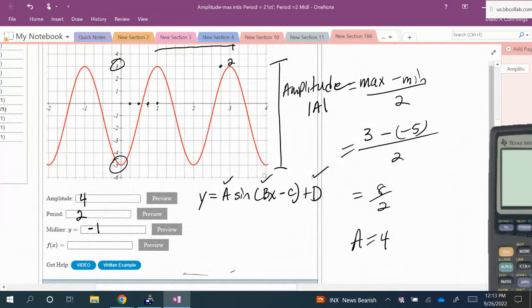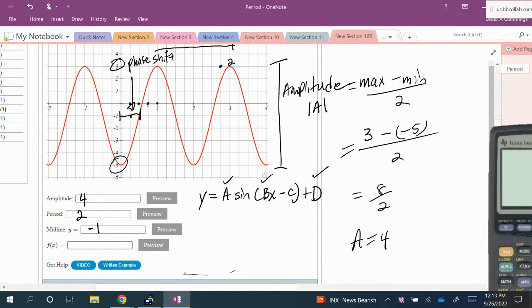So notice that the midline is 1. So this graph is actually shifted over a half a unit, right? Because remember from that sine curve, right, it starts and then it rises toward the first peak. Right, so notice that we have a phase shift.